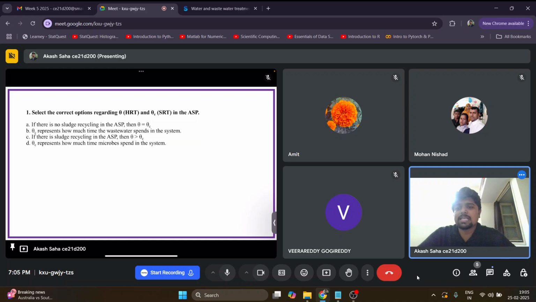If there is sludge recycling in ASP, then theta will be greater than theta C. And at last, theta C represents how much time microbes spend in the system. So these are your 4 options. You have to tell me which of them are correct. Here we are comparing the hydraulic retention time with the sludge retention time.